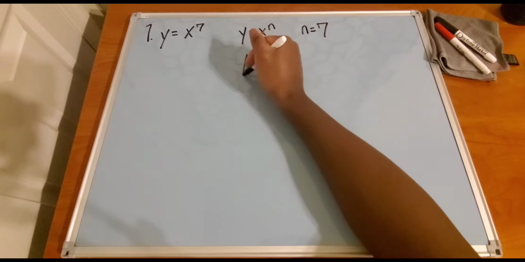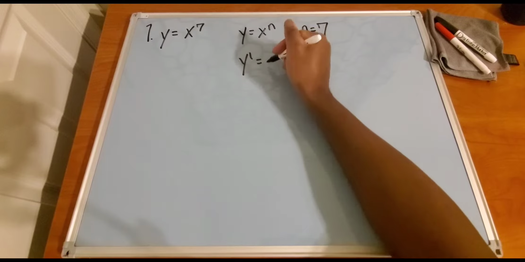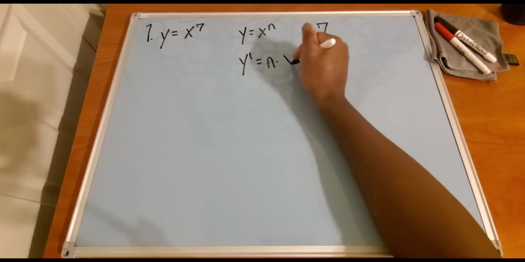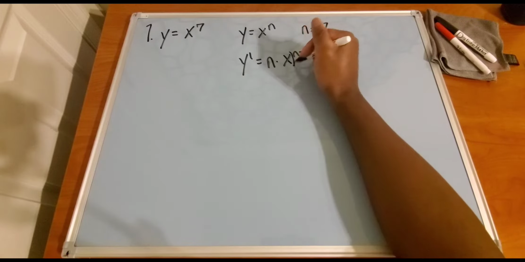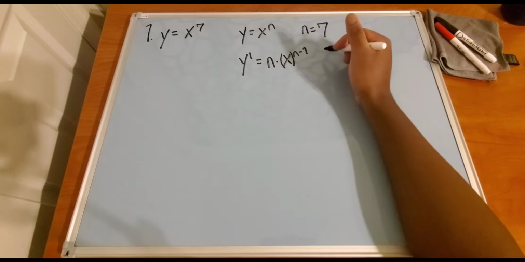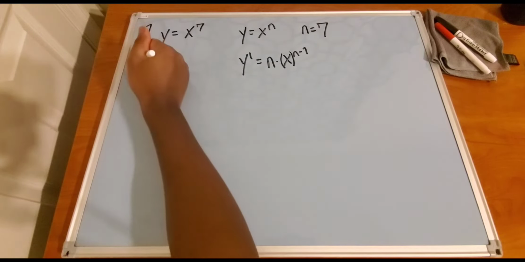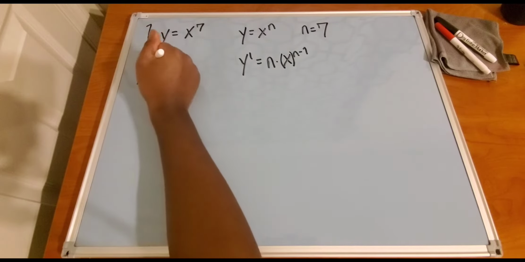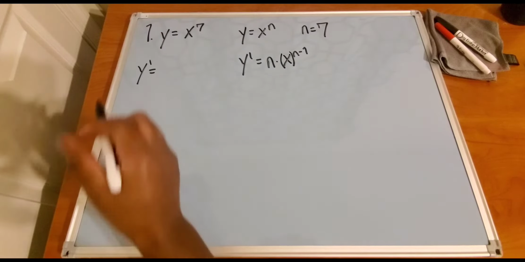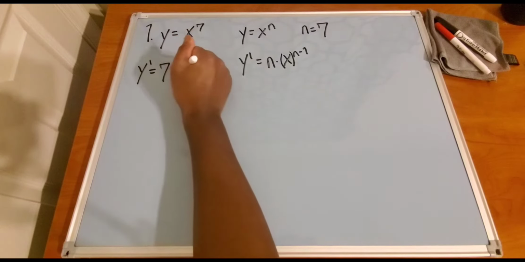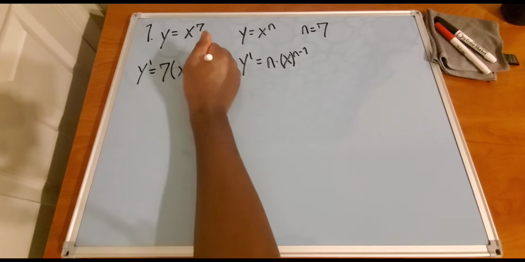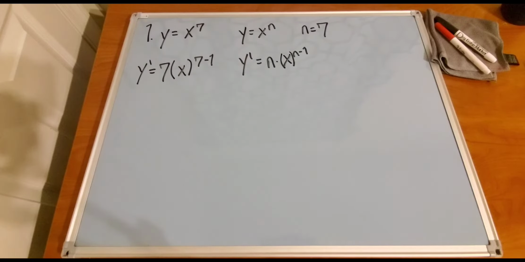And we know that the derivative of y is equal to n times x raised to the n minus 1. We can just go ahead and apply that over here. So we can say y prime is equal to, we know our n is 7, so 7 times x raised to the 7 minus 1 power.